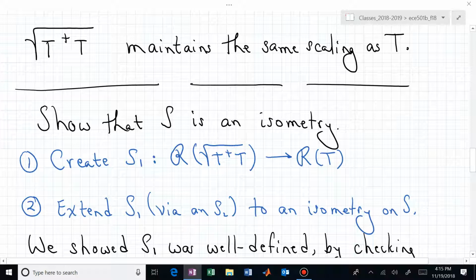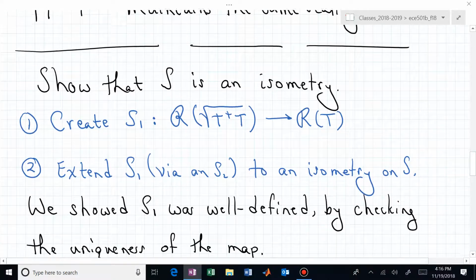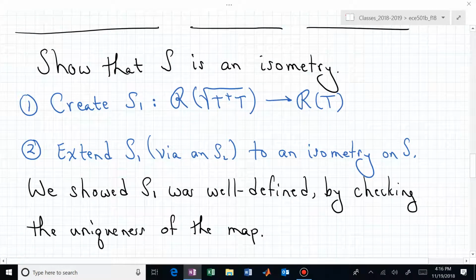It has to have all of its eigenvalues equal to 1. And that's what we want to try to establish now: this two-step process of showing that S is an isometry.